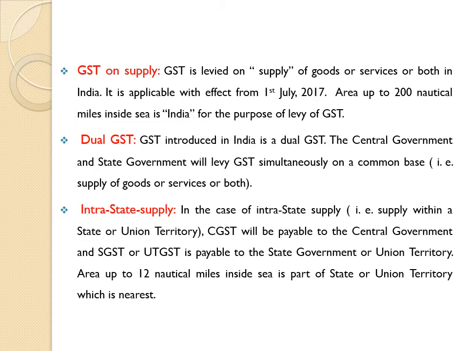In case of intra-state supply, that is supply within a state or union territory, CGST, that is central goods and services tax, will be payable to the central government. SGST or UTGST is payable to the state government or union territory.